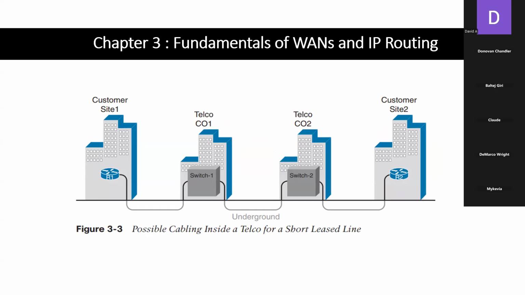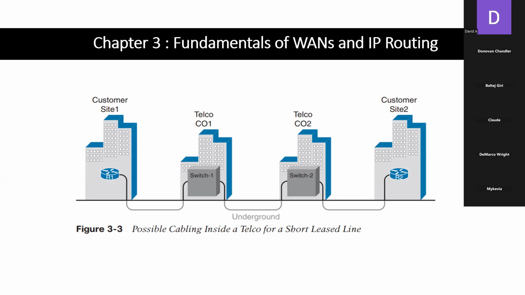That telco connects to another telco, underground. And of course, we spoke about fiber, single mode fiber, what have you. This is how they're connecting, all the way until we get to our second customer site.